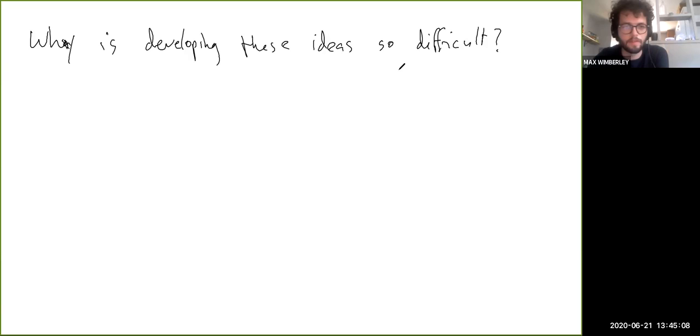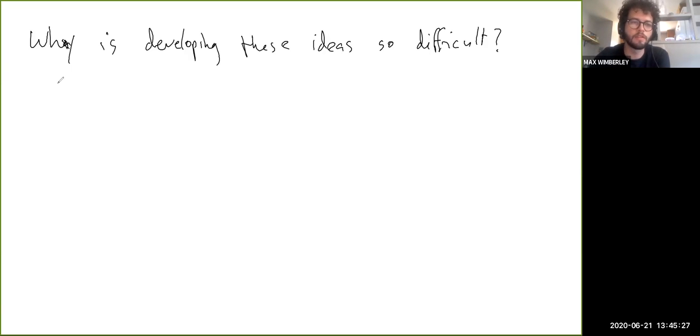Meaning, why do we have to spend an entire semester's worth of effort in this class just to get to the point where we can say that we know what a derivative is and that we know what an integral is, and we can figure out when those two things exist for a given function? Why is this so difficult?